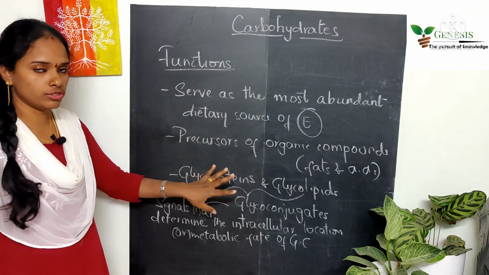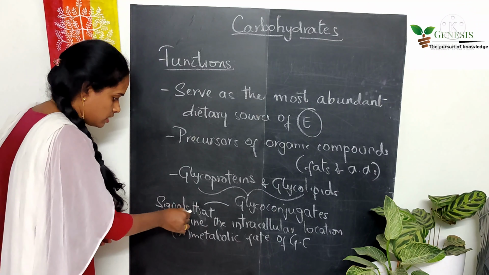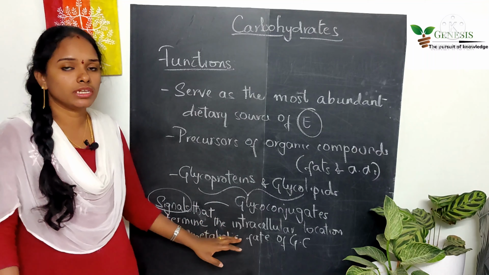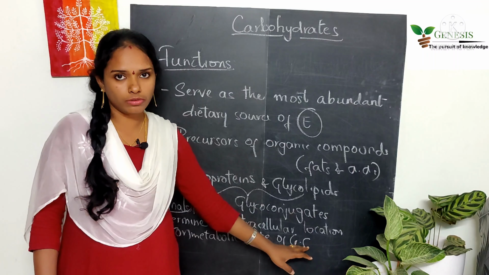In the form of glycoconjugates, carbohydrates act as signal molecules that determine the intracellular location or metabolic fate of glycoconjugates.